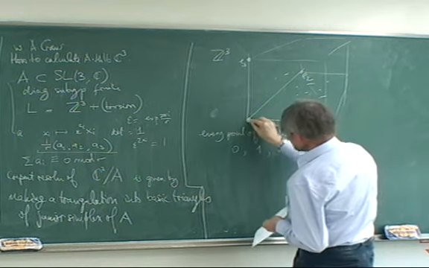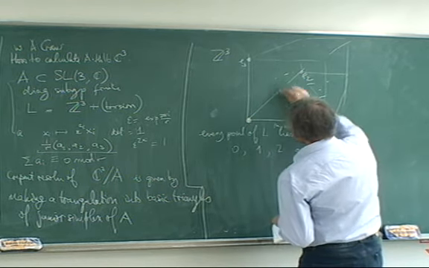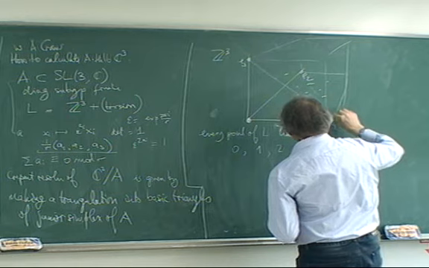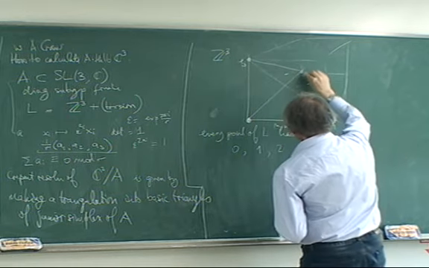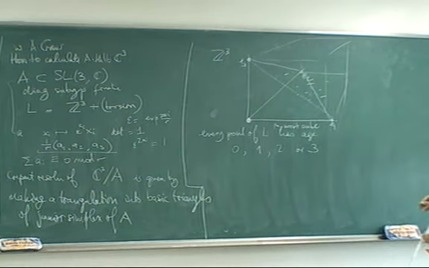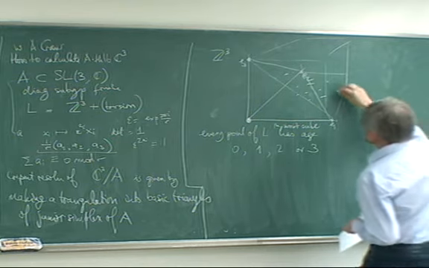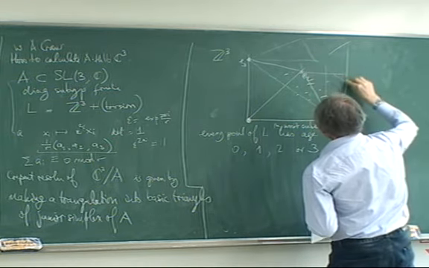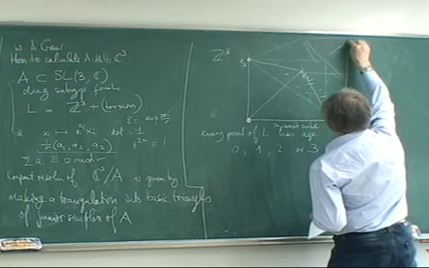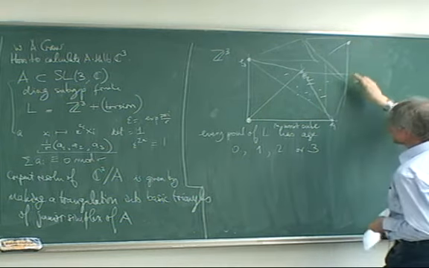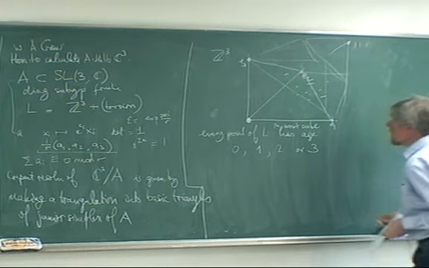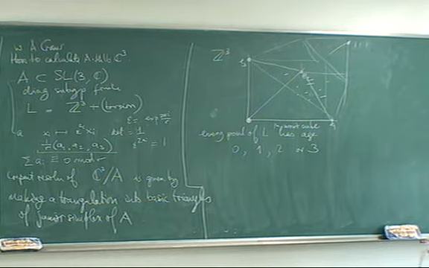And so 0 is only that point, and then 1 is this plane here, and 2 is this plane there, and 3 is just this unit point 1, 1, 1. Yes?